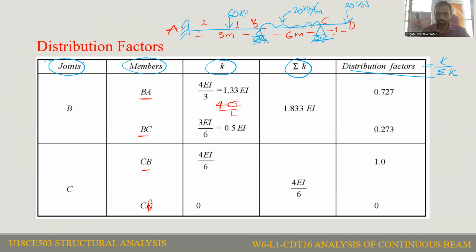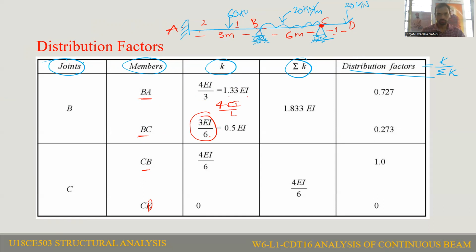Right. Coming to the BC member. For the BC member, the far end is hinged. So this is not an intermediate support. This is the far end, the end support. The end support is a roller support. For end support, roller support, we have to consider the formula 3EI by L. Stiffness is going to reduce. That is 3EI by L, where the L value is 6.